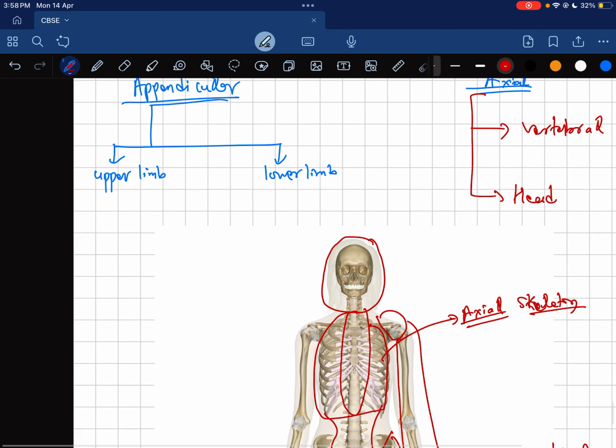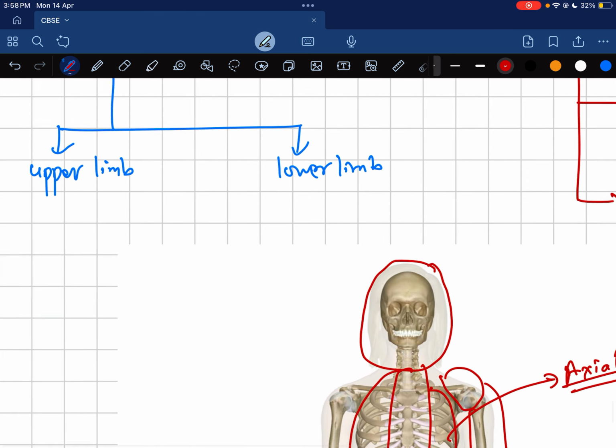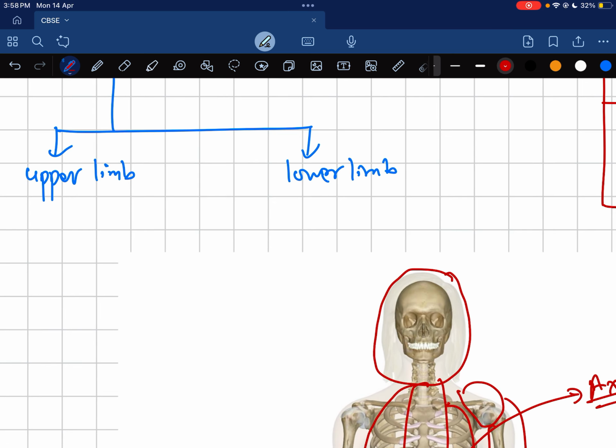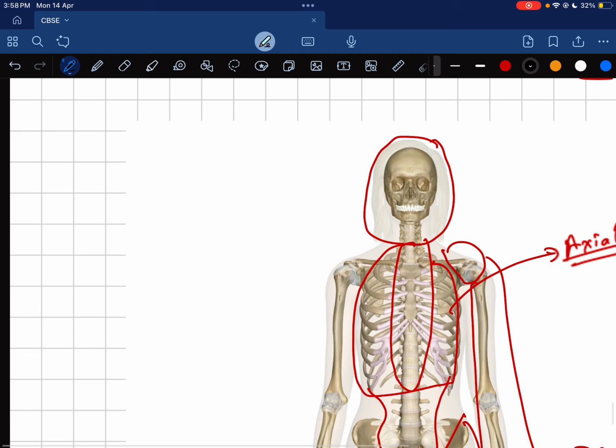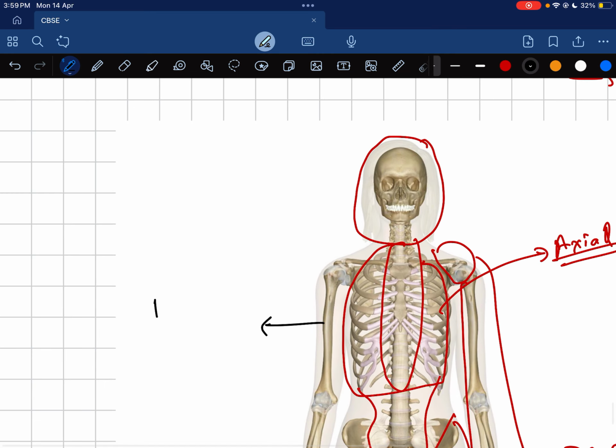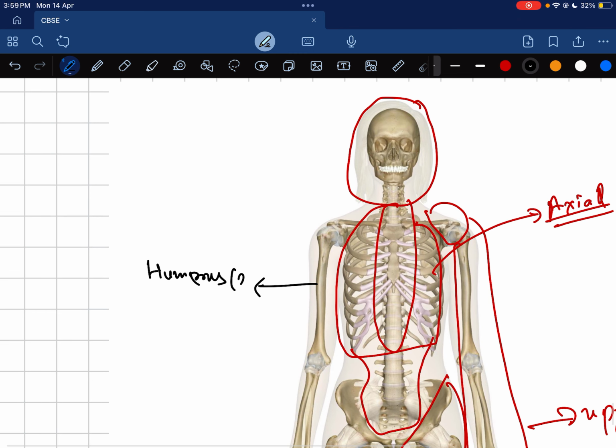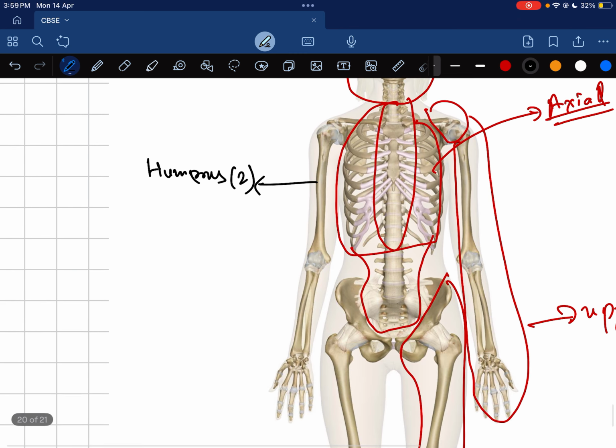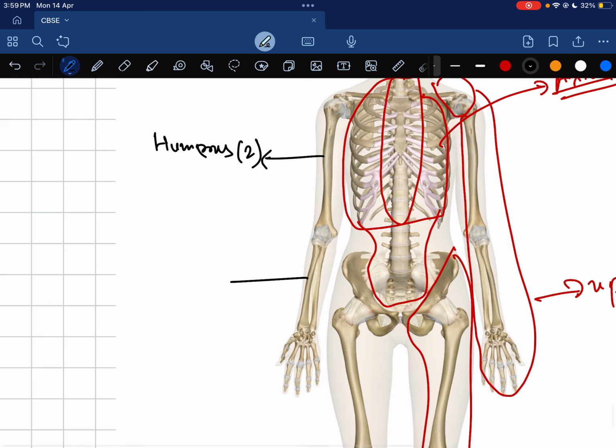In the upper limb, we can start with the humerus. There are two, left and right. Then there is the radius on the thumb side, and the ulna on the little finger side.